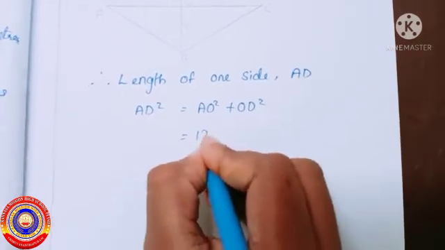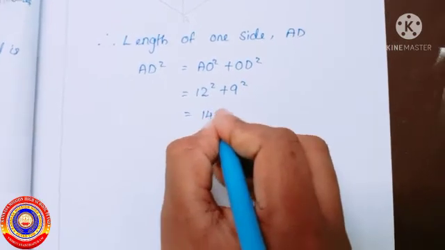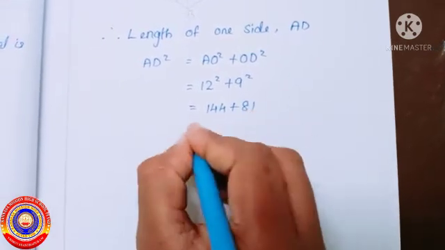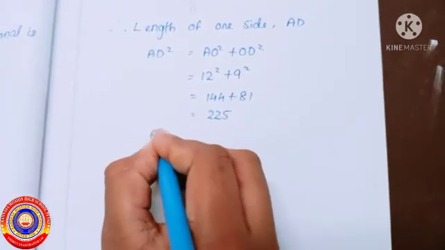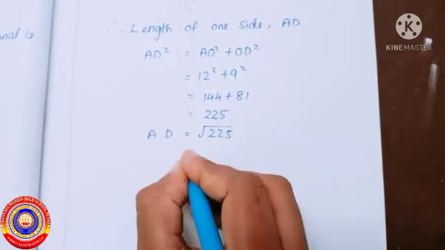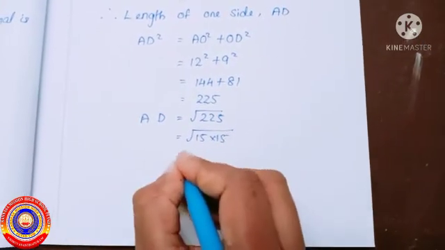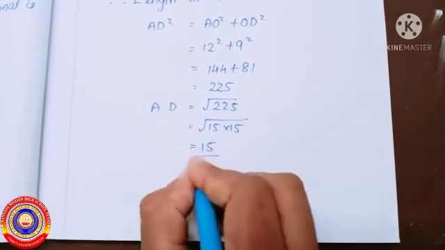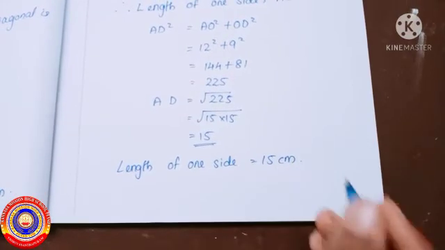Here AO is 12 and OD is 9. So 12 square is 144 plus 9 square is 81, which is equal to 225. Then AD is equal to square root of 225, that is equal to square root of 15 into 15, that is 15. Therefore, the length of one side is equal to 15 centimeter.